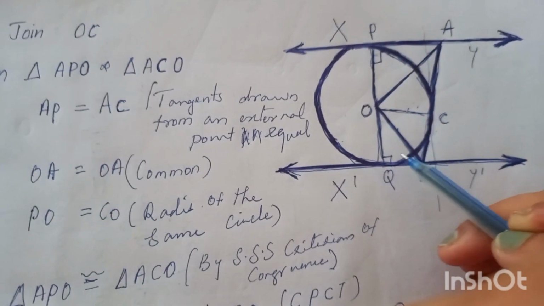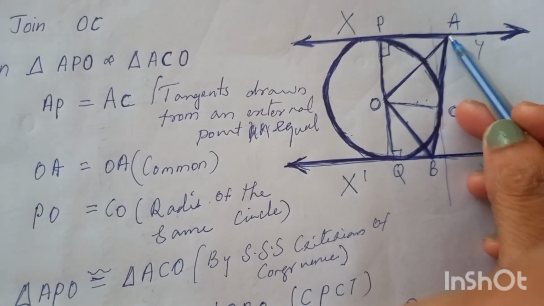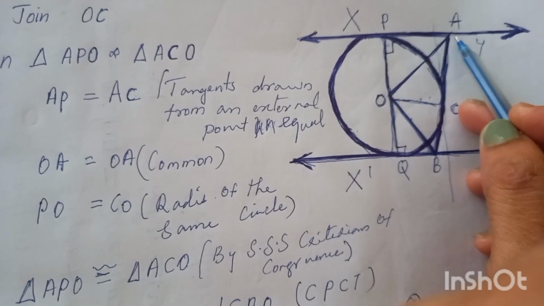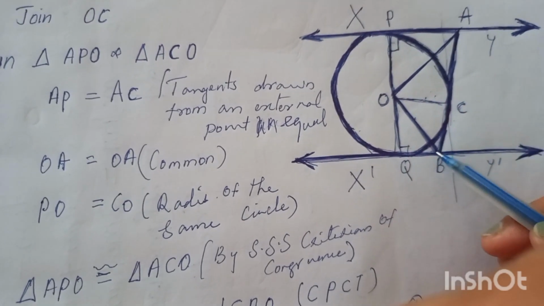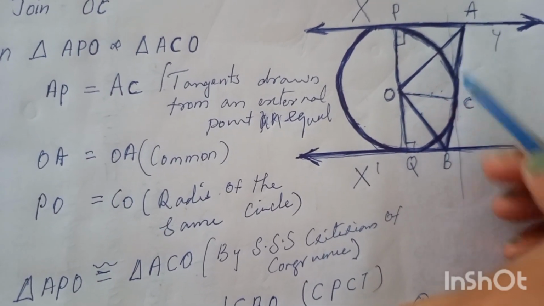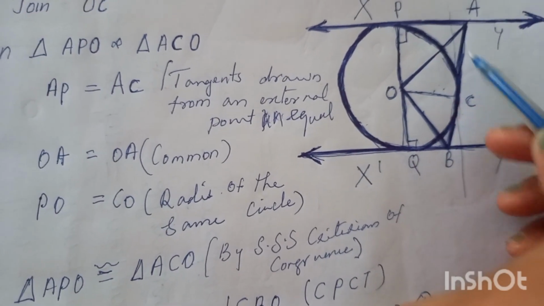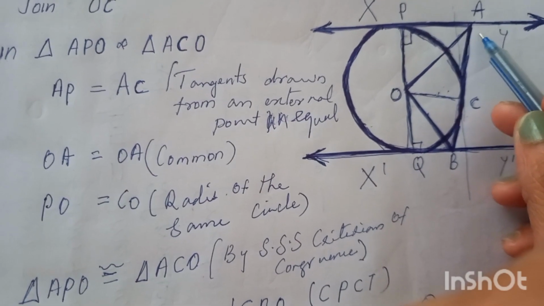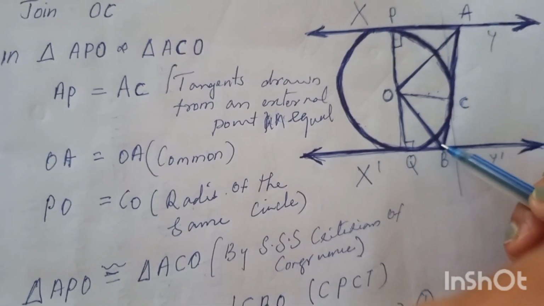PAC plus QBC is equal to 180 degrees. Sum of the interior angles on the same side of the transversal is 180 degrees.